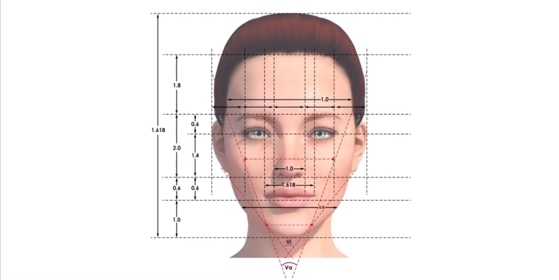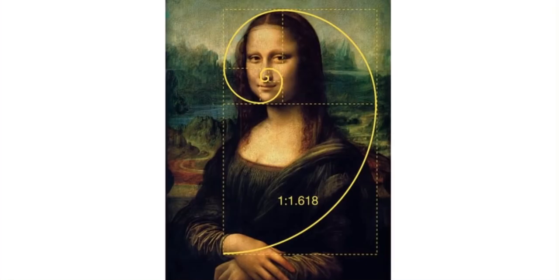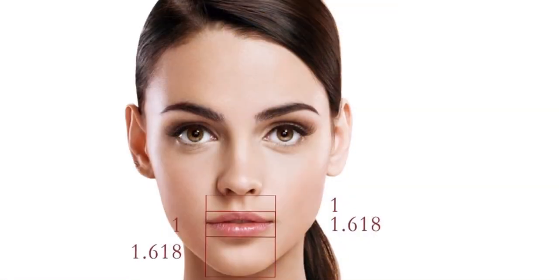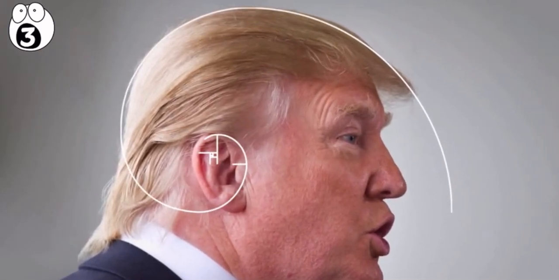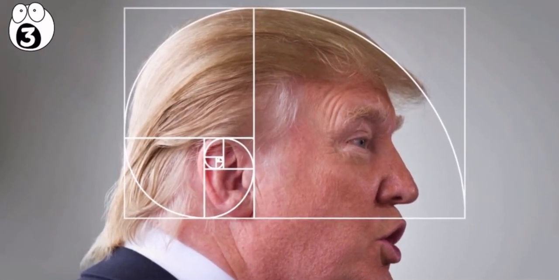Both human and non-human life abound with examples of the golden ratio. The mouth and nose are each positioned at golden sections of the distance between the eyes and the bottom of the chin. Similar proportions can be seen from the side, and even the eye and ear itself.